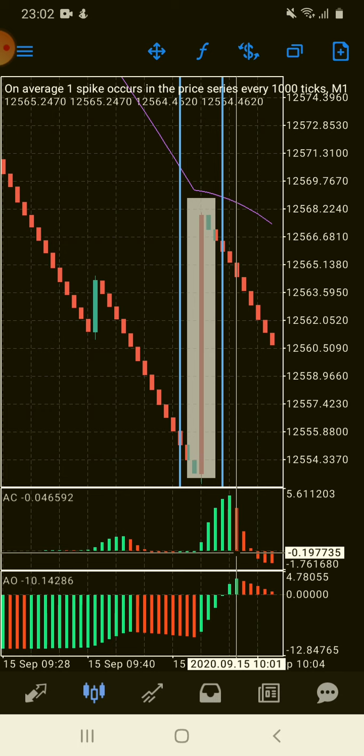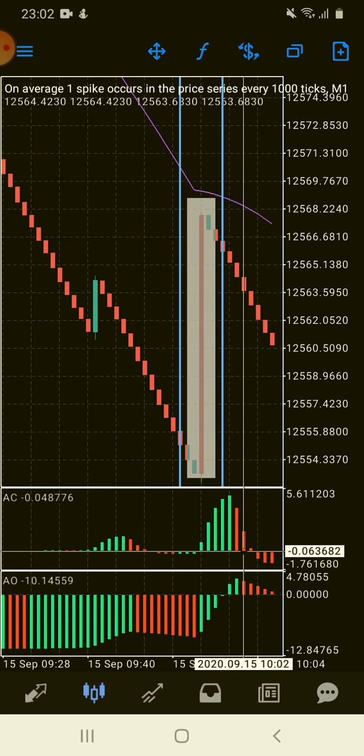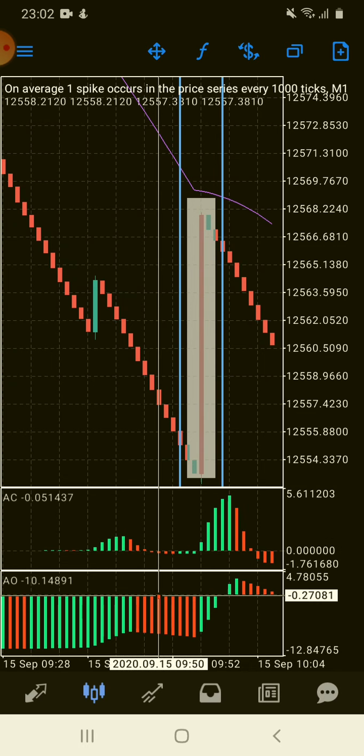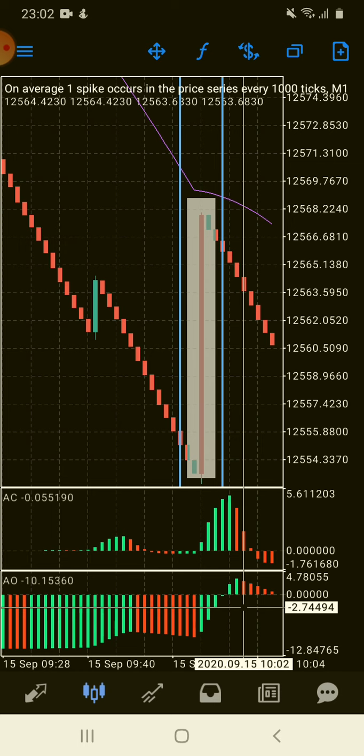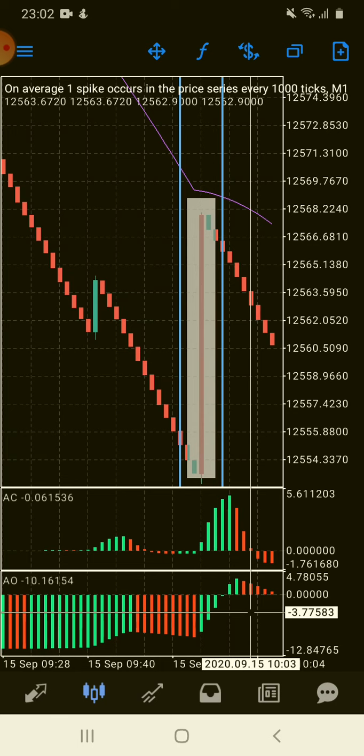Once we see its first red one, we know that the trend is starting to come down. Next, we wait for the awesome oscillator, the AO, to get one red one. Once we know that both have a red one, we take the next candle.